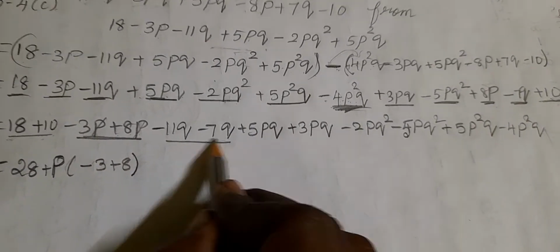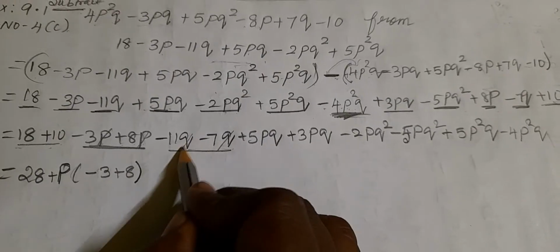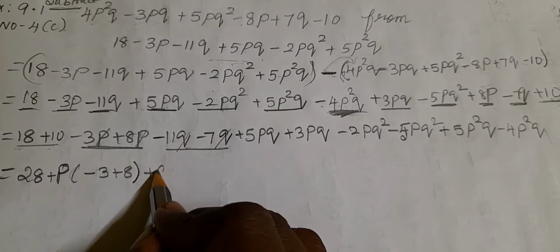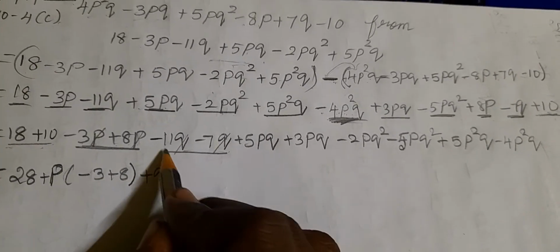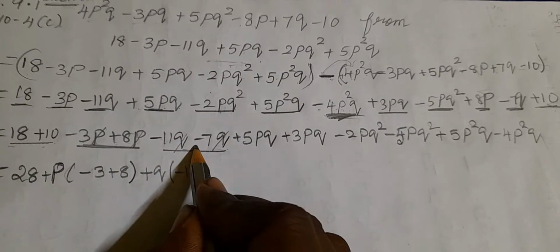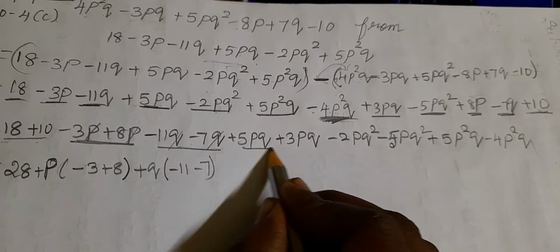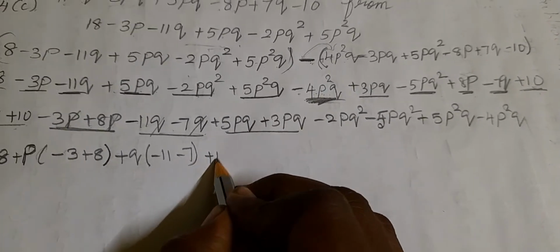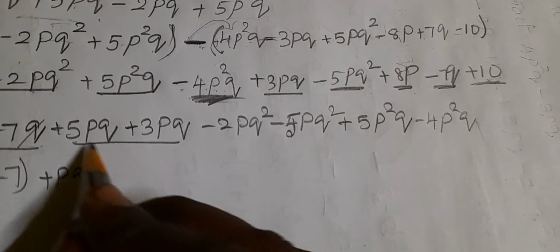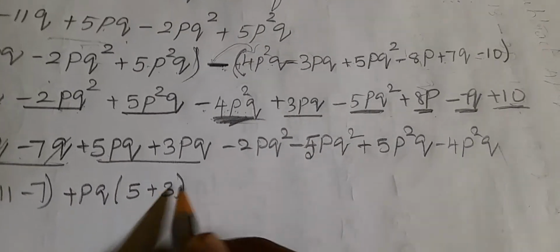Next we will take the q term. See here q is common. So plus q. Then within the bracket minus 11 minus 7. Next we will take the pq term. Plus pq. Then within the bracket plus 5 plus 3.